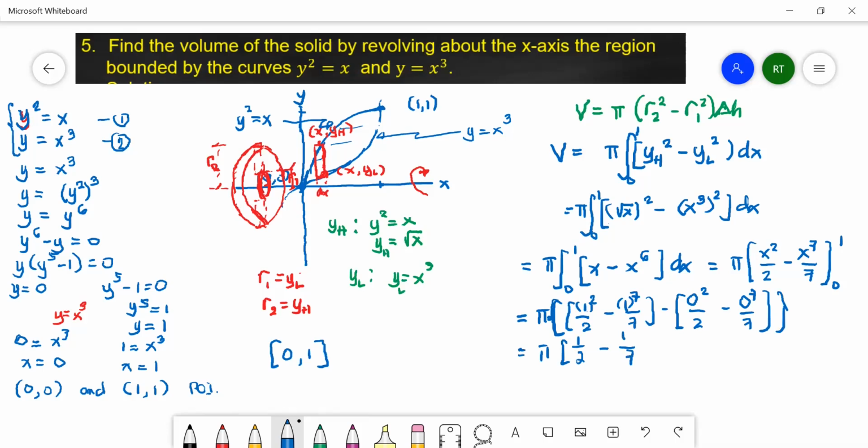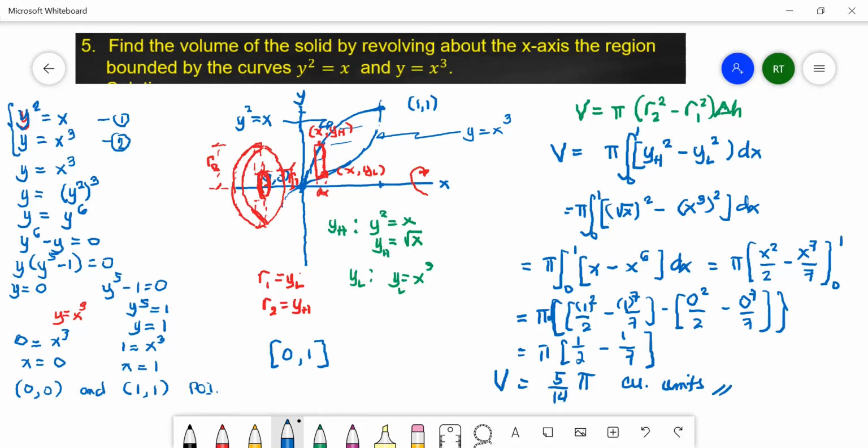So this will give us 7 minus 2 over 14. And 7 minus 2 is 5. Hence giving us the volume is equal to 5 over 14 pi cubic units. Okay, so this is how we evaluate the integral.